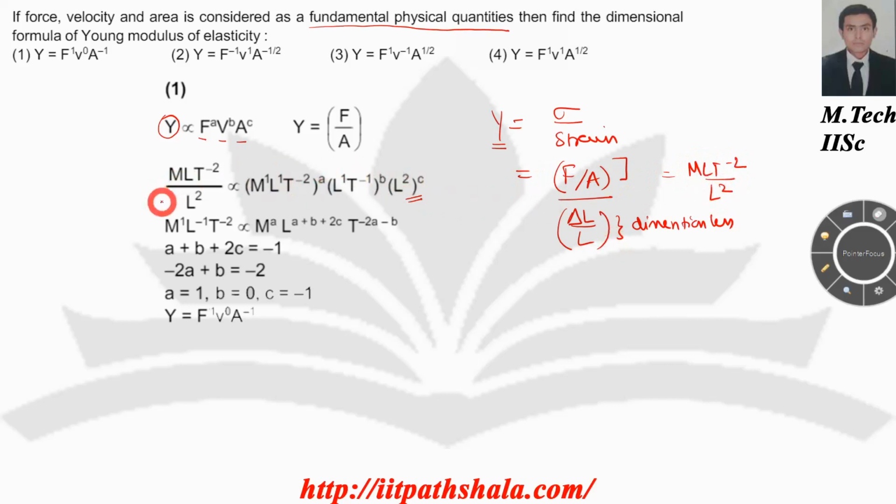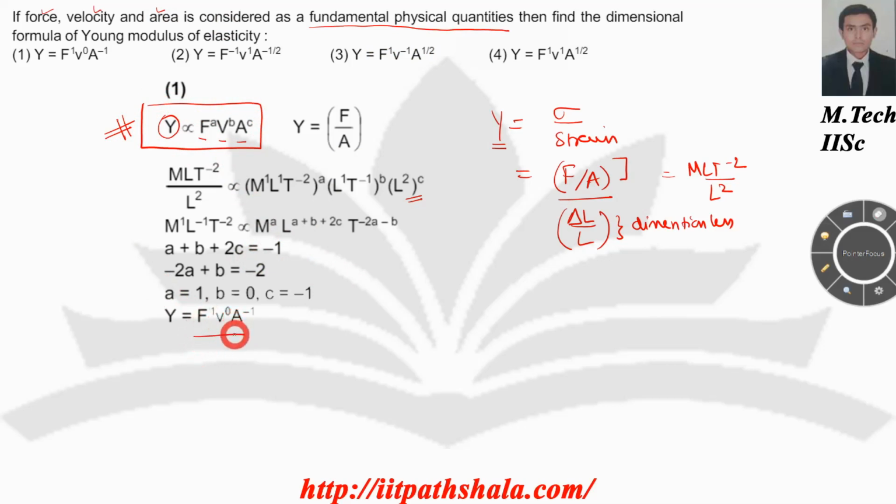Comparing both of the following, I can have the values of A, B and C. Now I have to express the Young's modulus in the following form: force, velocity and area as per the question. So just find out the value of A, B and C and put it over here, and you will be landing up with the following expression.